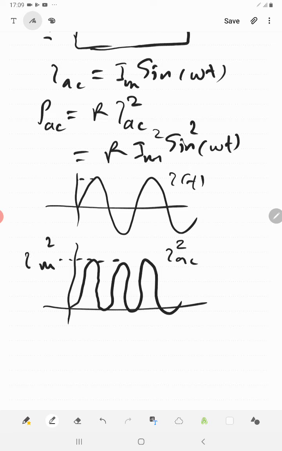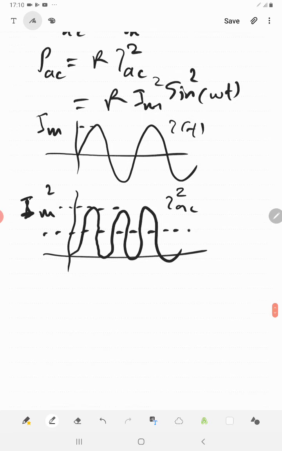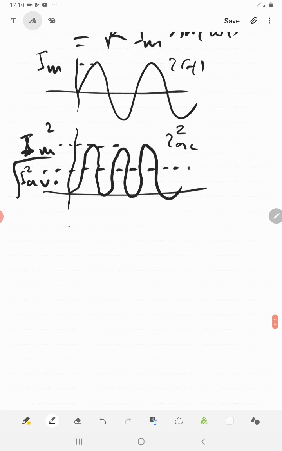Now if we want to take the average of the power, here it will give you I squared average.